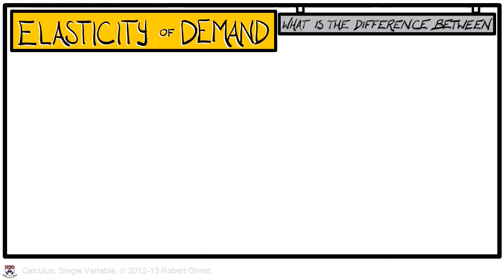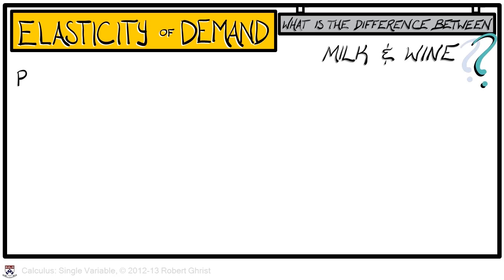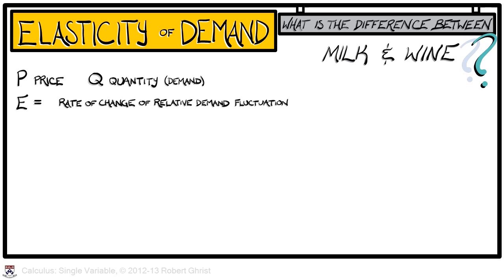Well, let's go back to economics and consider the important questions. That is, what is the difference between milk and wine? Well, it is in elasticity of demand. If P is the price and Q is the quantity demanded at that price, then the elasticity, E, is defined to be the rate of change of the relative demand with respect to the relative price.